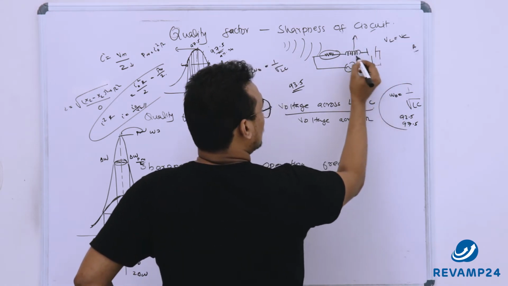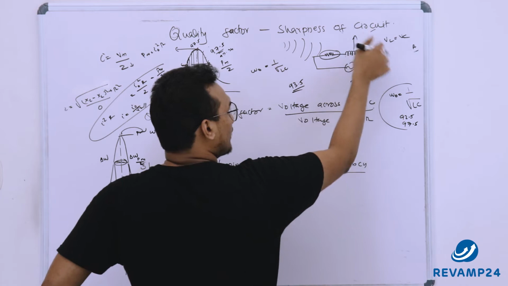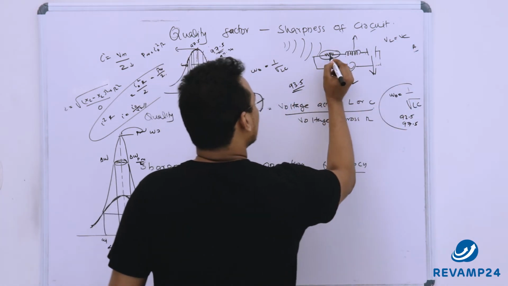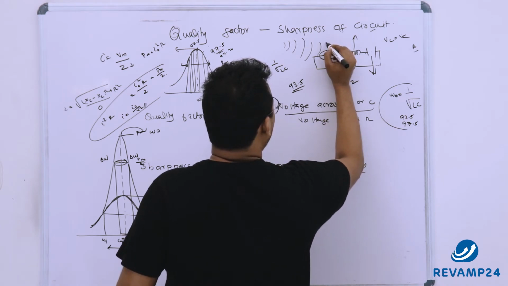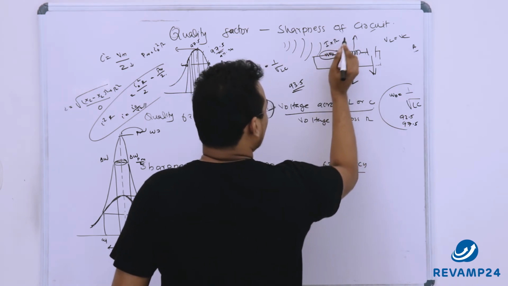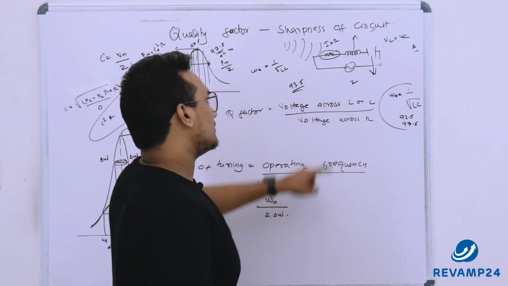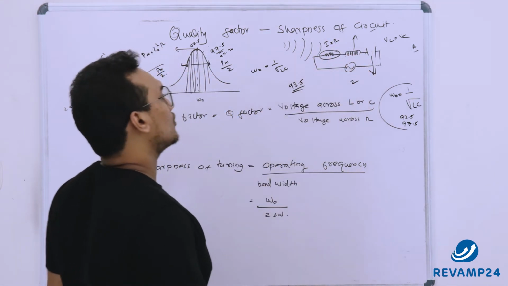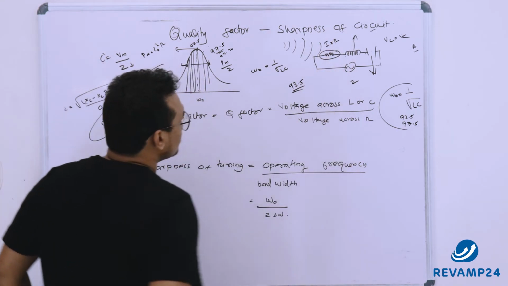So the net voltage drop across these two would be equal and opposite, so that won't be there in the picture. We will only have this voltage drop and that value will be I into R. So basically it is I into Z, but Z at resonance would be R. So this would be the voltage drop across R.